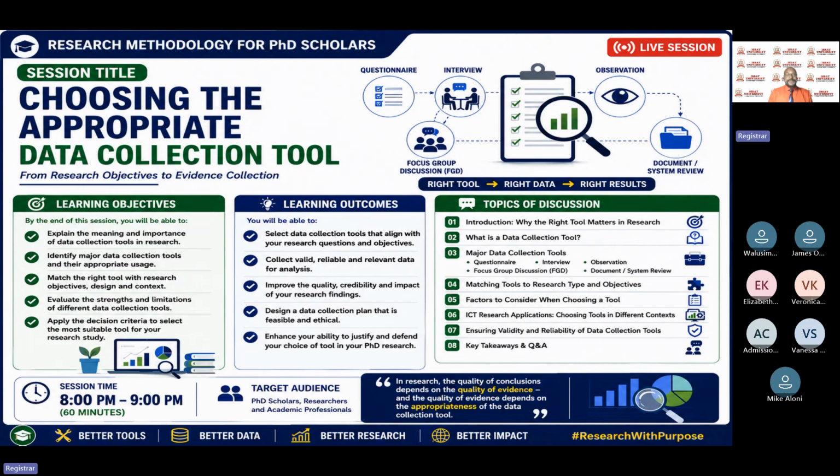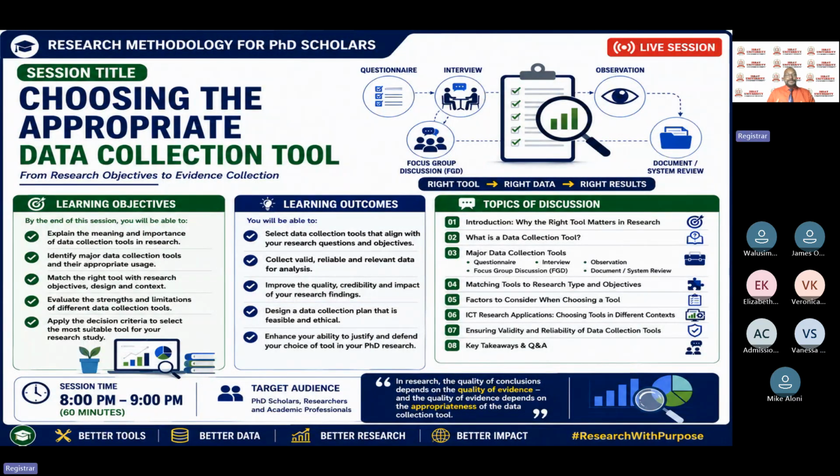Now, the learning outcomes. Once you complete this series of sessions, you will be able to select the right, appropriate data collection tool that aligns with your research questions and objectives. What tool you have to use to collect valid, reliable, and relevant data for analysis.